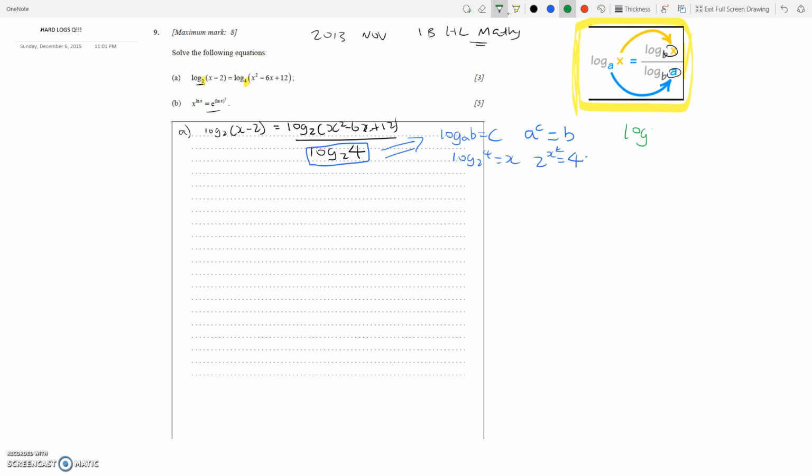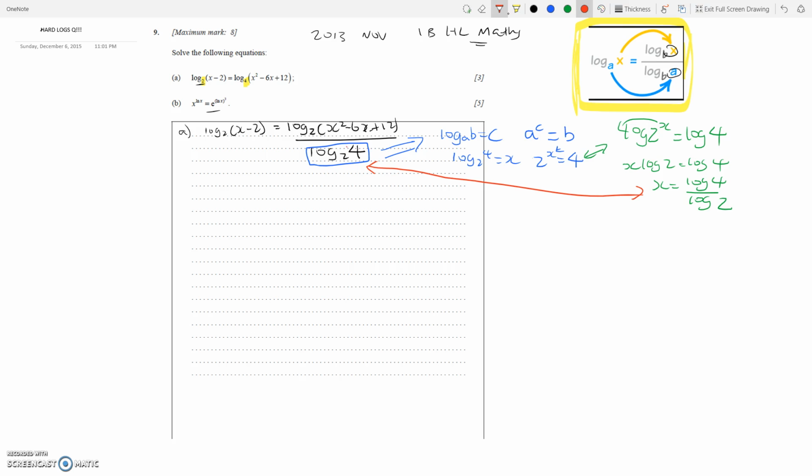We could log both sides in this particular thing, and as we move the x down, x log 2 equals log 4, and x is log 4 divided by log 2. So whenever we get to this particular form, we know that x, or whatever this value is, is a number.